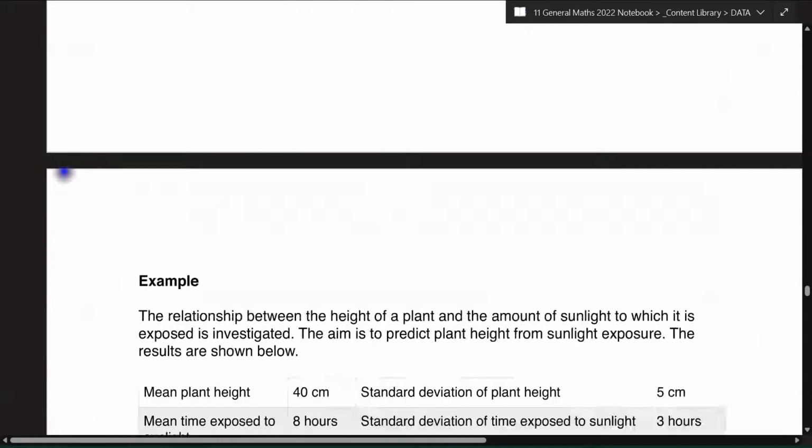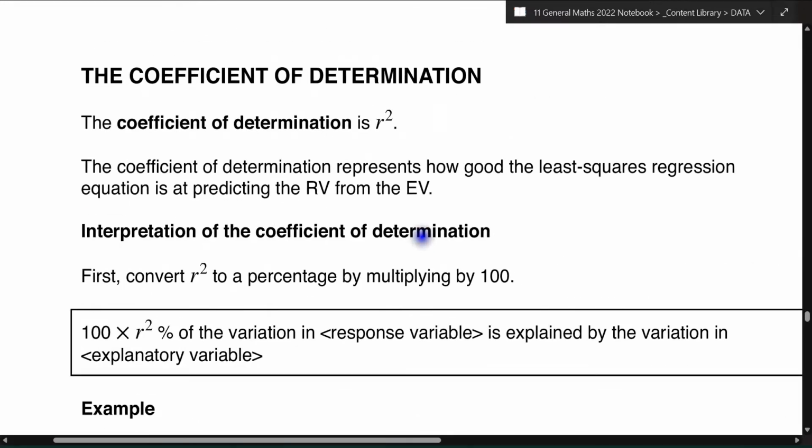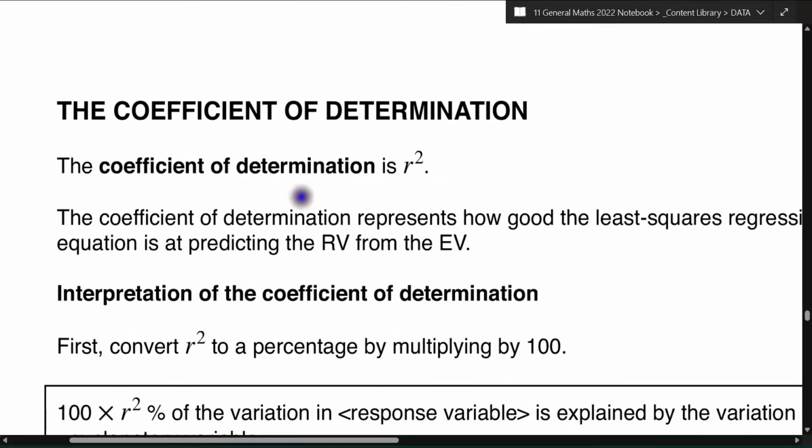So, here we go, the coefficient of determination. It's a slightly different name as well. The correlation coefficient is the R value. So I should write that here, or you should write it here.